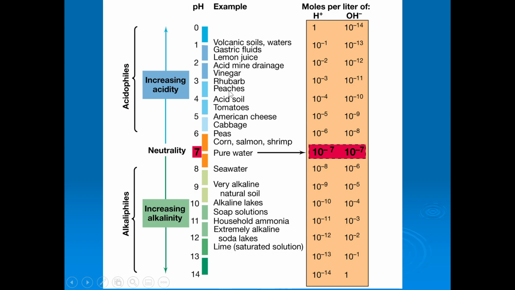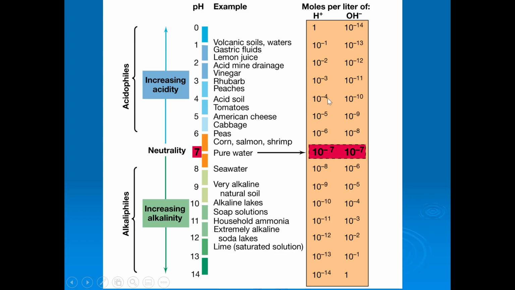So let's say in some tomatoes, which is down here, let's just say we got a real acidic tomato, it's about 4 pH, then it's going to have 10 to the negative 4 moles of hydrogen ions, and then it's going to have 10 to the negative 10 of OH minus ion, okay?